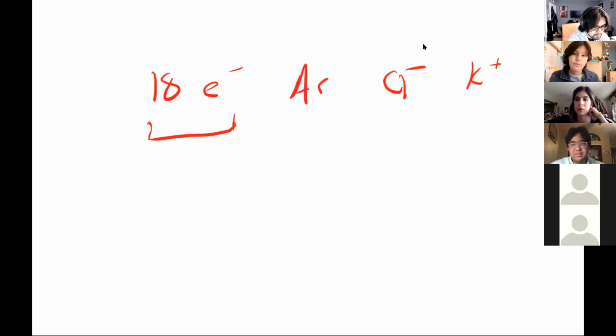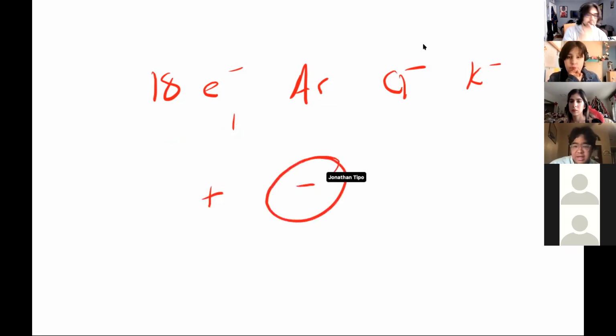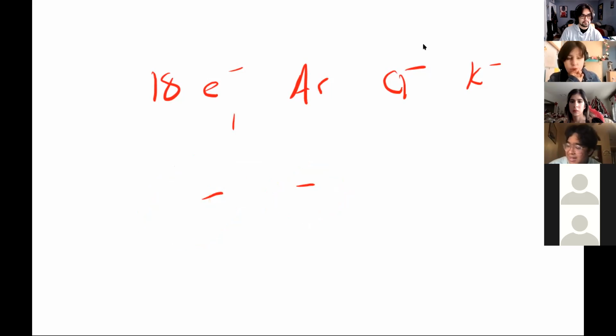So how do we determine the atomic size from there? Because they have the same number of electrons, we have to do something else. Remember there are two kinds of charges within an atom: a positive charge and a negative charge. The electrons deal with the negative charges and the protons with the positive charges. Because they all have the same number of electrons, we move on to the protons and see how much the protons are pulling on these 18 electrons.